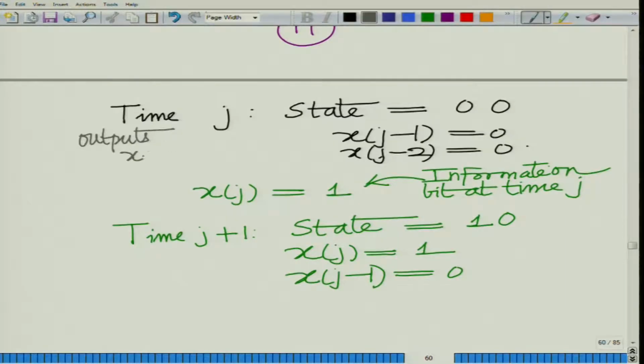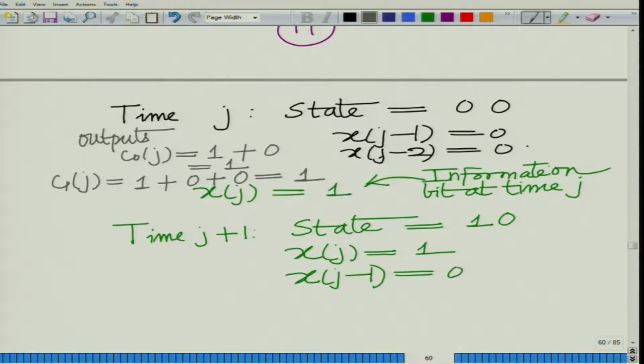C0j equals xj, that is 1, plus xj minus 2, that is 0, which is equal to 1. And C1j, code bit 1 at time instant j, is xj plus xj minus 1, which is 0, plus xj minus 2, which is 0, which is equal to 1.